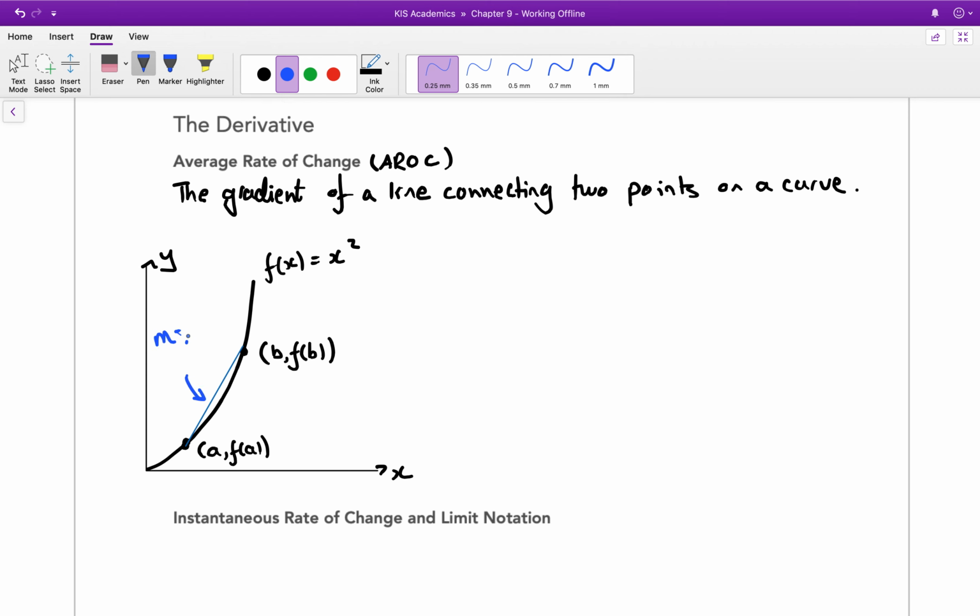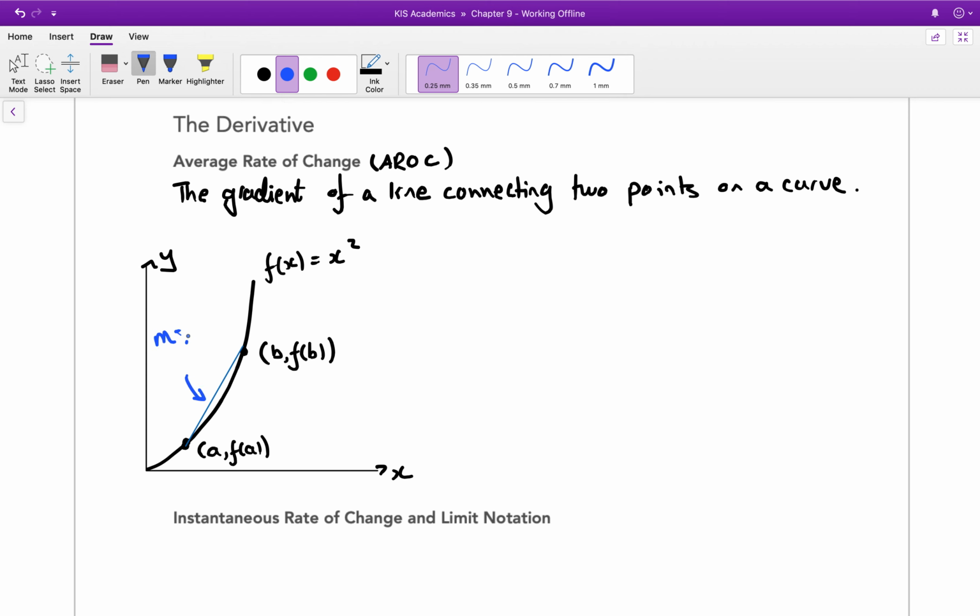So we have f of b minus f of a, all divided by b minus a. So this is how we find our average rate of change. Now the average rate of change gives us the gradient of a line connecting two different points on a graph.